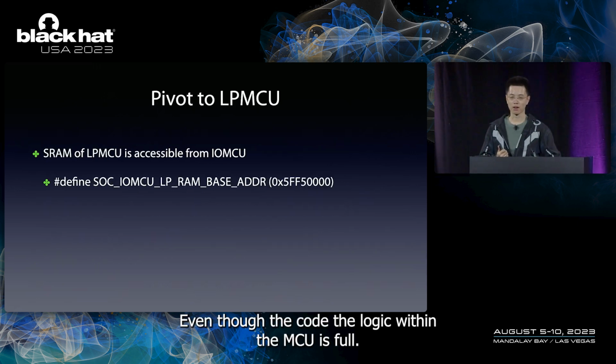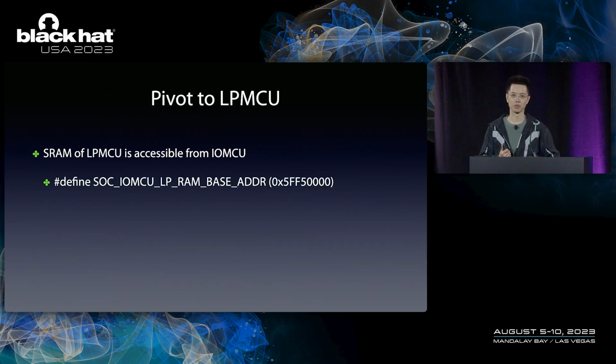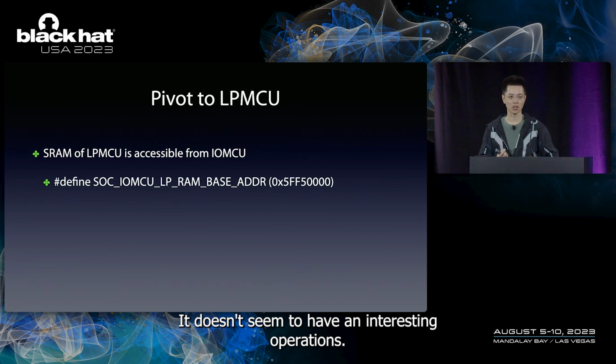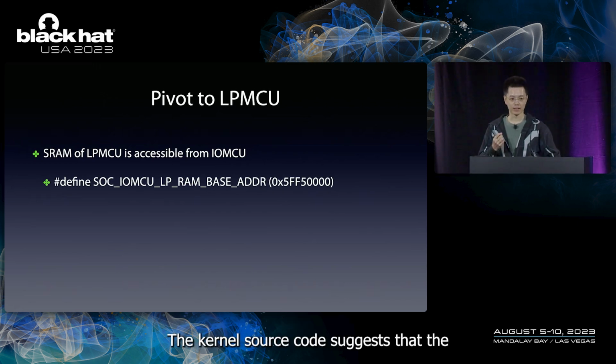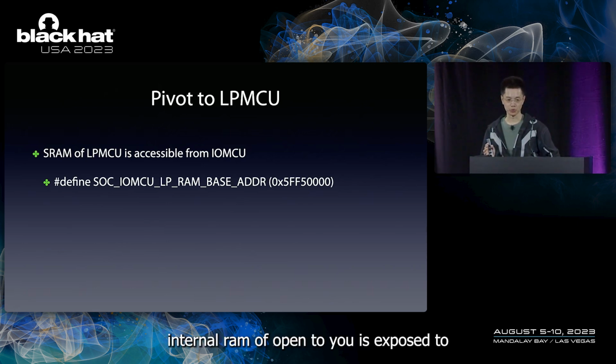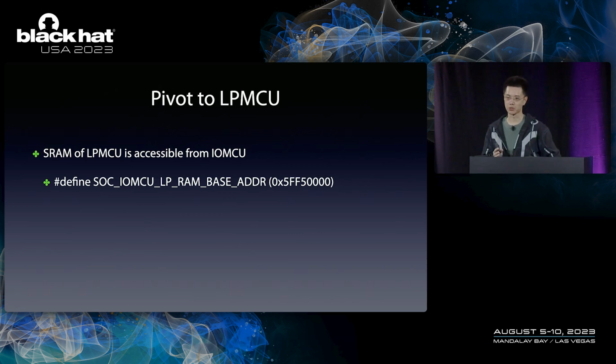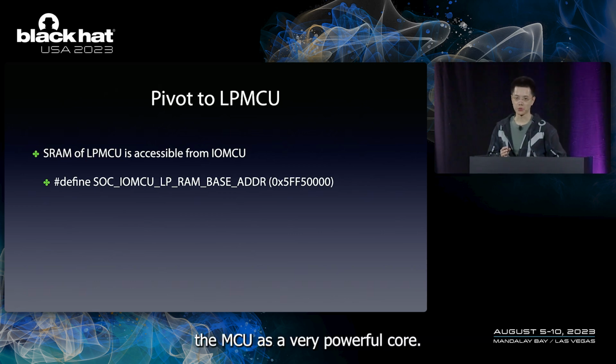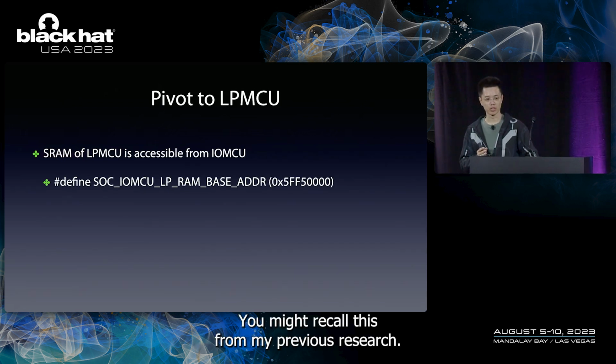Even though the code logic within the IOMCU's firmware doesn't seem to have any interesting operations, the kernel source code suggests that the internal SRAM of LPMCU is exposed to IOMCU. The LPMCU is a very powerful core. You might recall this from my previous research.